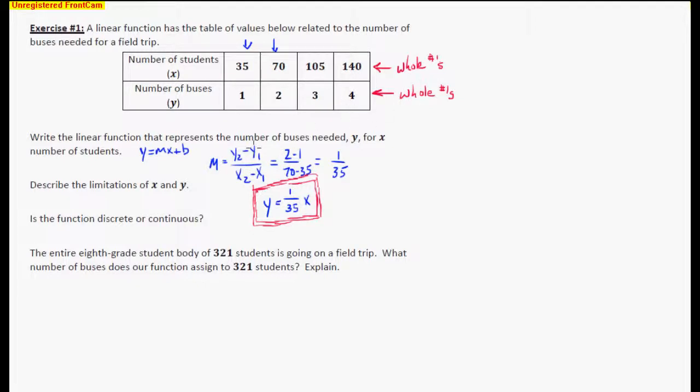Okay, so those are some limitations. I mean, you could go crazy with this. You could say, well, we only have a certain number of buses available to us. We can't very well order 200 buses. And another limitation would be how big your class size is that you're taking. So that's kind of like an open-ended thing. But strictly with the math, I would say the limitations are that these would have to be whole numbers.